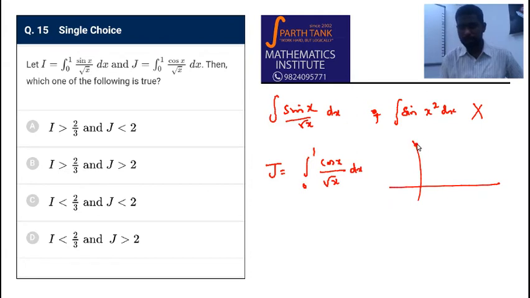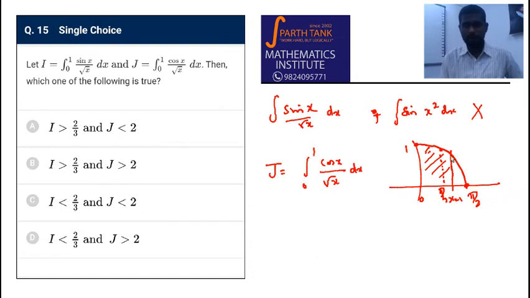Cos x starts at 0 with value 1, and at pi by 2 it becomes 0. At x equal to 1, it will have some value. At x equal to pi by 4, we know it has value 1 by root 2. So x equal to 1 is beyond that pi by 4 limit, so somewhere here. Now this is the region under consideration.